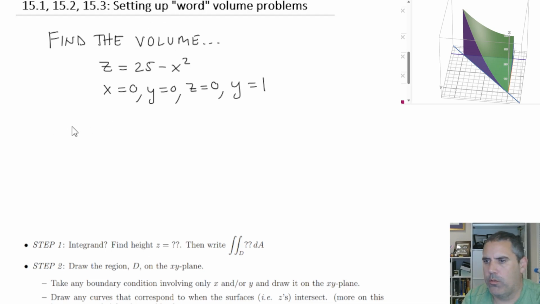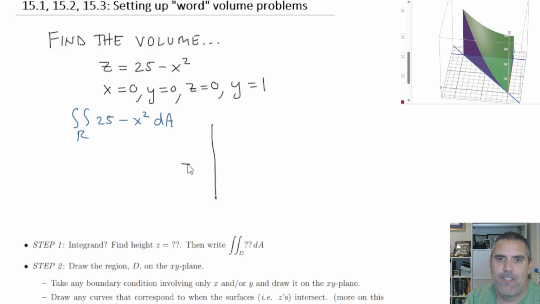So if you follow the routine I just said, you now know it's a double integral of this surface, and now we start to draw the region on the ground. Well, the region on the ground is y equals 0, x equals 0, y equals 1. So I draw these things.